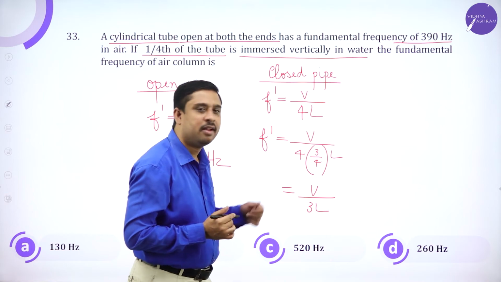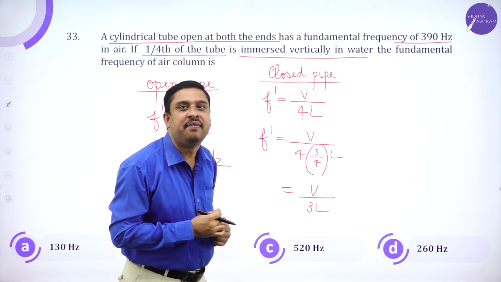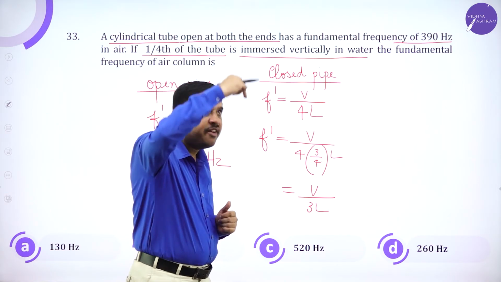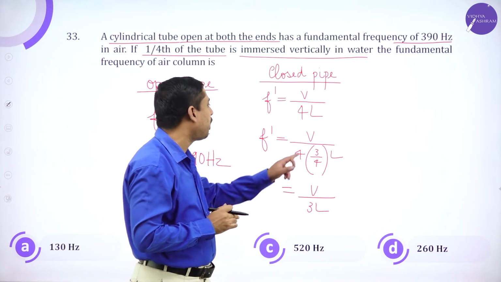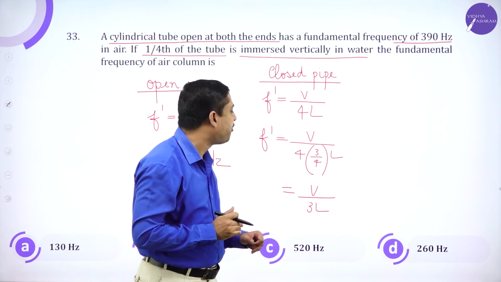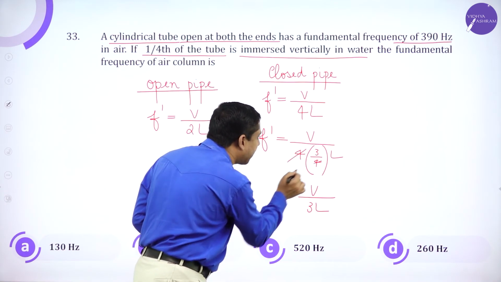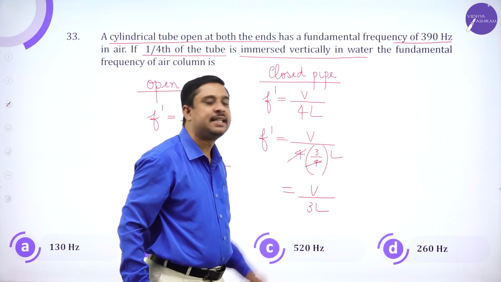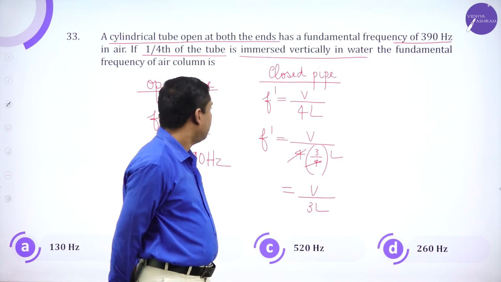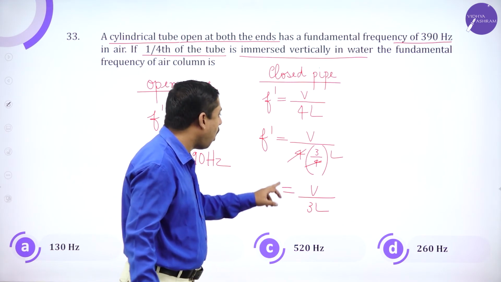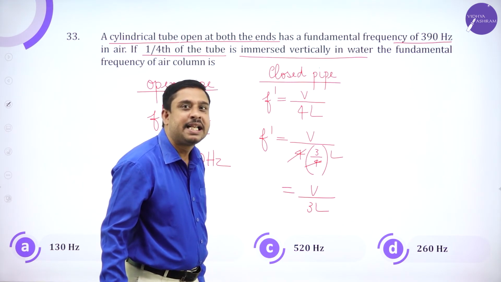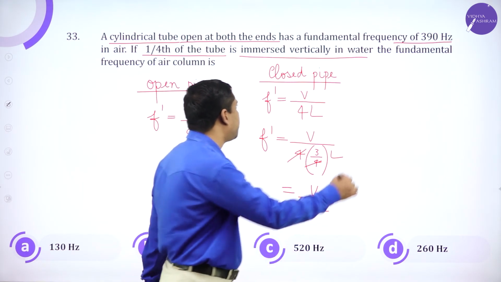See, 1/4 of the length is immersed, so the remaining length is 3 by 4 L. This 4 gets cancelled. V by 3L. I know what is V by 2L, so I multiply and divide by 2.